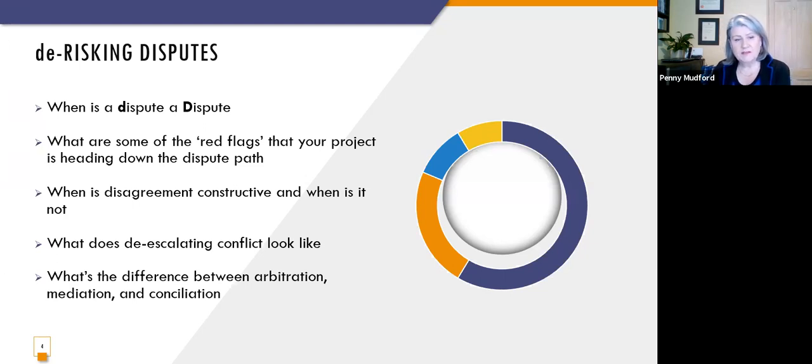We'll talk about when is disagreement constructive and when is it not. And what does de-escalating conflict look like? And then we'll just touch on a bit the difference between arbitration, mediation and conciliation, because these are the formal processes that are usually used in terms of resolving disputes in contracts and in projects.